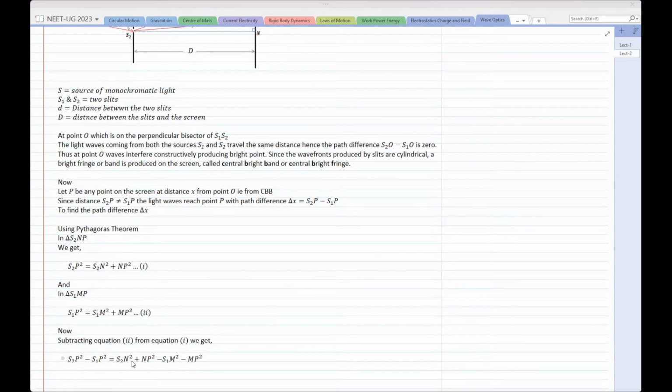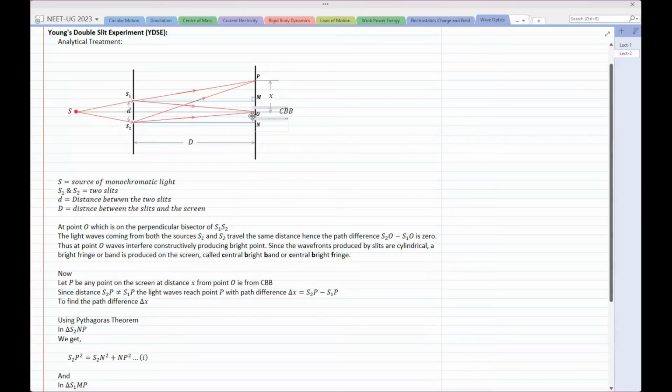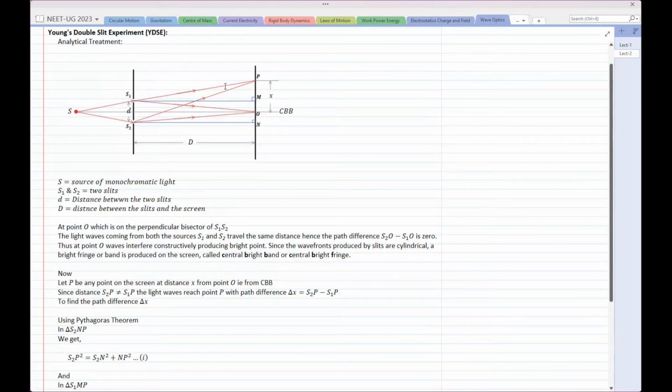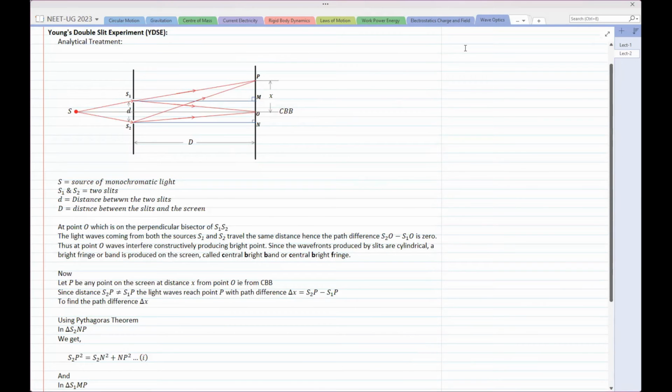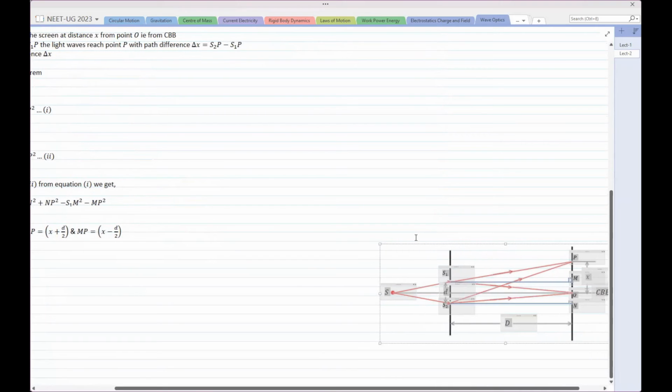Now once you do that, from the figure, we can make out certain things. From the figure, S2N and S1M, both are D, right?